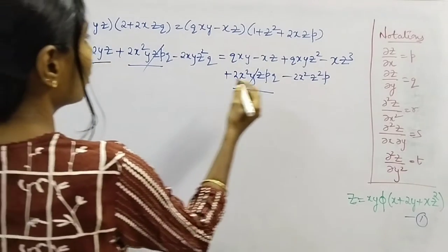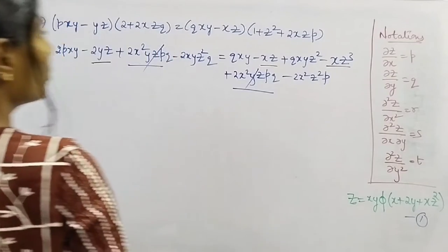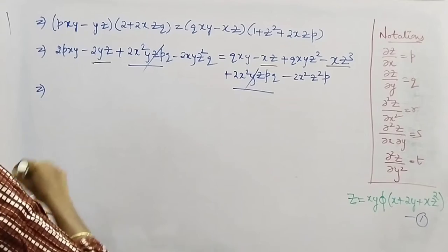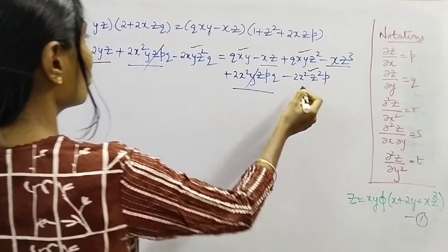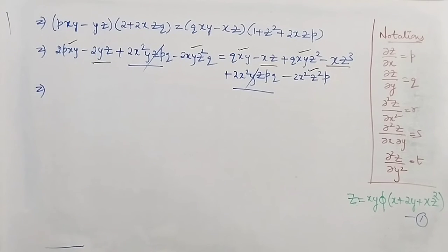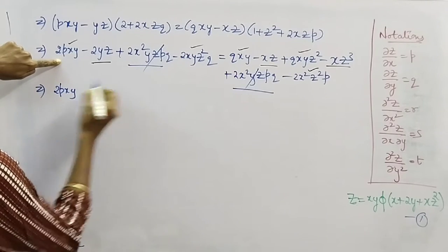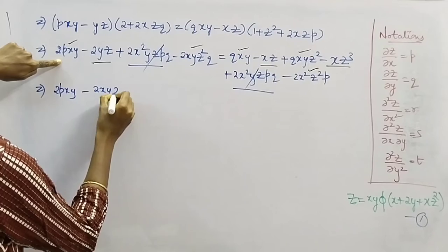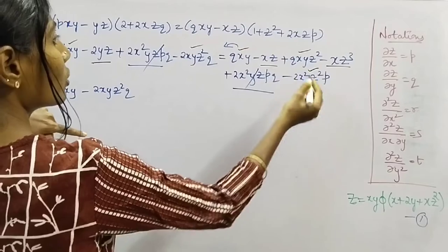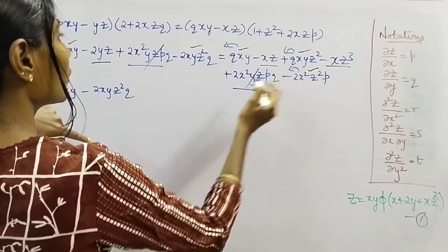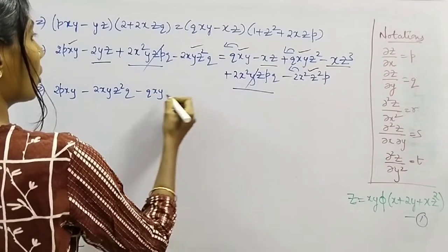So we'll write the terms which do not involve p and q in RHS, and the remaining this term, this term, this one and this one, all these 5 come in LHS part. Okay? Fine. First I'll write 2pxy and minus 2xyz square q because it exists in LHS itself. Now I'll bring this term to LHS. This becomes minus qxy plus qxy square.